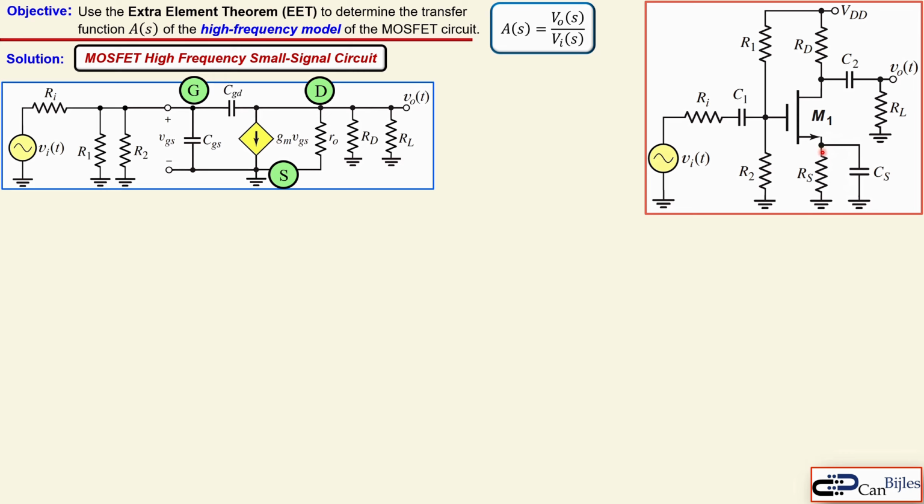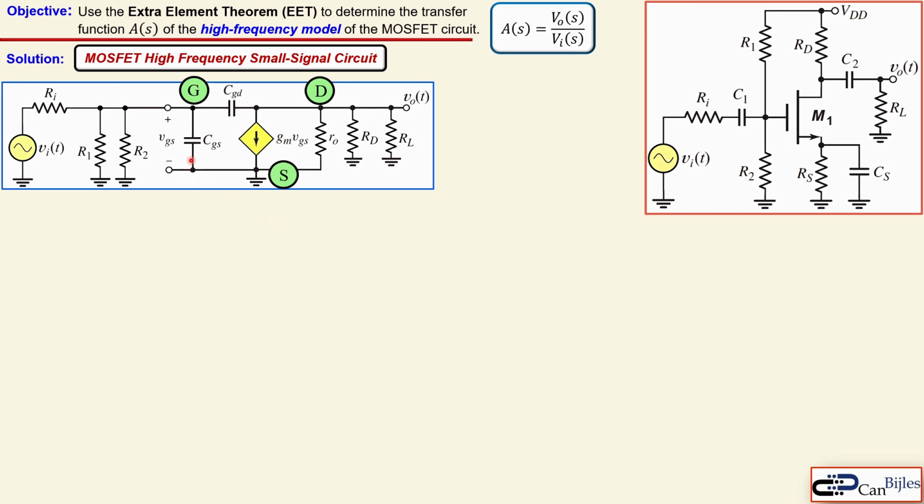That means this is shorted, so you have a short at the source. We also assume that the DC sources are off, meaning they are not active in the AC domain, so they are effectively ground here. That's why we have an RD going from the drain node to ground, and also R1 and R2 going to ground. Effectively this is also short, which means RL is in parallel with RD and going to ground. So we have everything here.